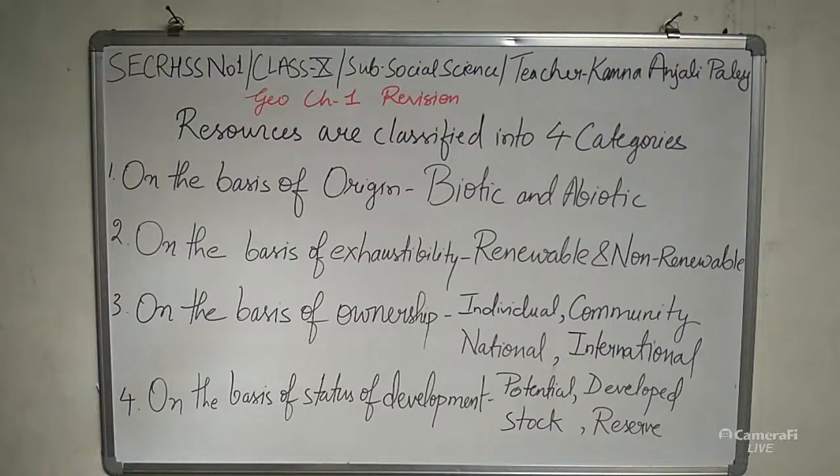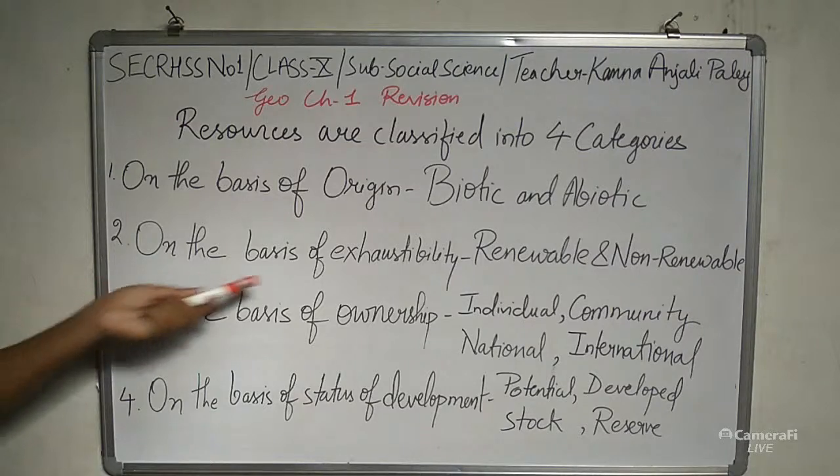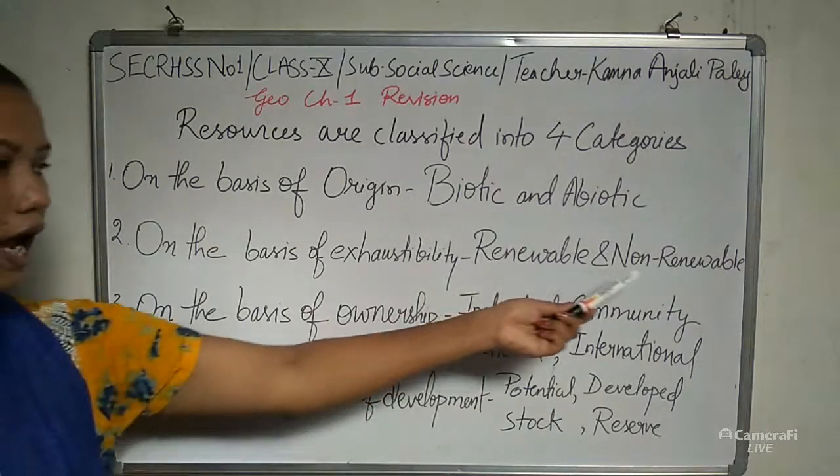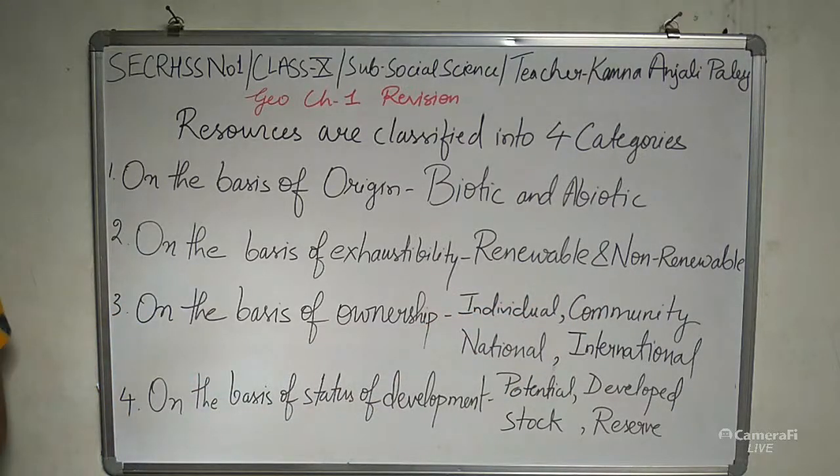Now comes the second category of resources. It is on the basis of exhaustibility, means it is on the basis that it can be finished or not. So it has two types of resources, that is renewable and non-renewable resources.